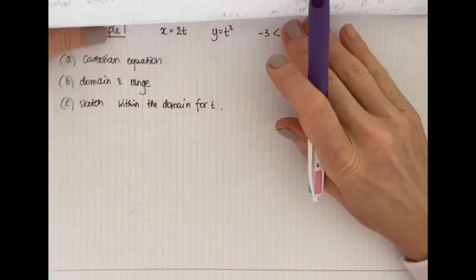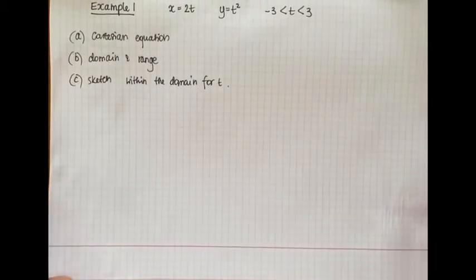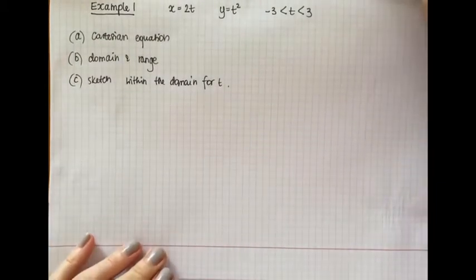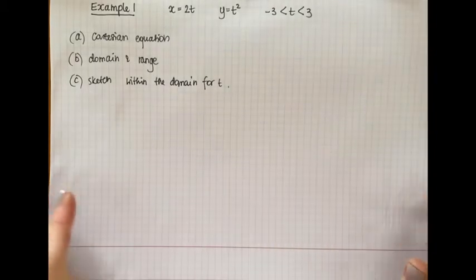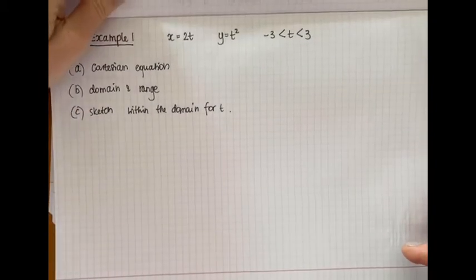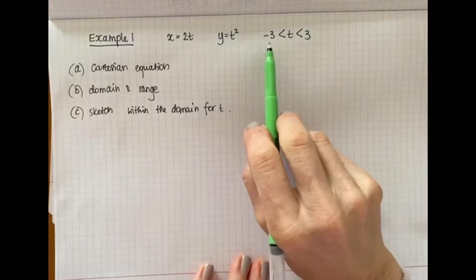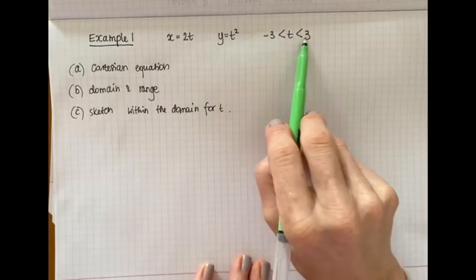So we're going to have a look at some questions. The first question, example 1: we've got parametric equations, x equals 2t and y equals t squared, and we need to find the Cartesian equation, bearing in mind t only goes from -3 up to 3.